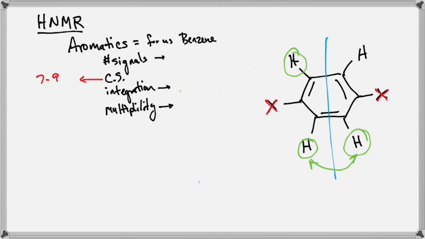They're the same. And because I have this mirror plane, that means all 4 hydrogens are identical to each other, and I see a whopping 1 signal. One mirror plane means less signals, or more signals? Means less signals. More mirror planes is going to result in less signals.